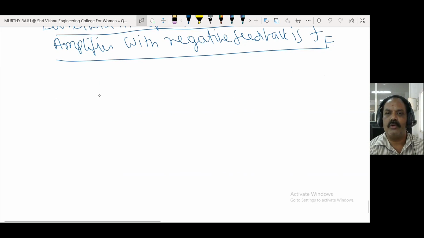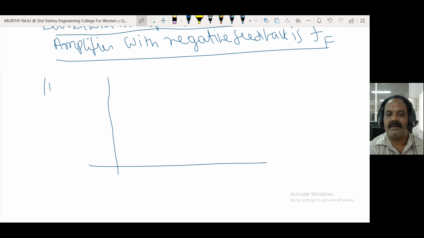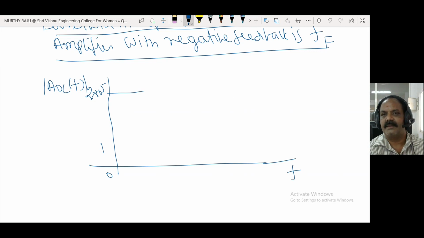Consider the open loop gain. Open loop gain AOL is a function of f, with characteristic curve magnitude of AOL of f versus frequency on a log scale. The magnitude is 2 into 10 power 5. The gain is constant and then decreases, and it crosses the unity point.